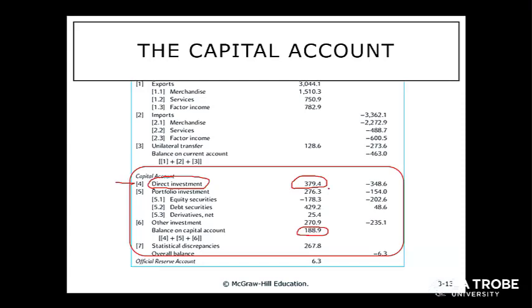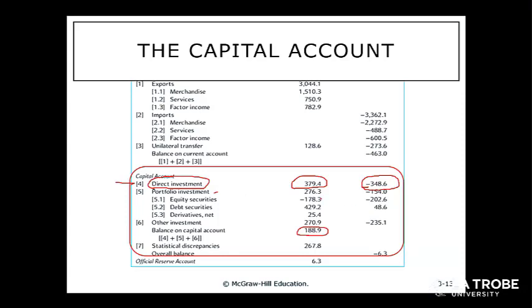So this is foreign investors directly investing in the US for around $380 billion, okay? In terms of US investors, they invest outside for about $348 billion, okay? So this is a negative cash flow, so cash going outside of the US, okay?